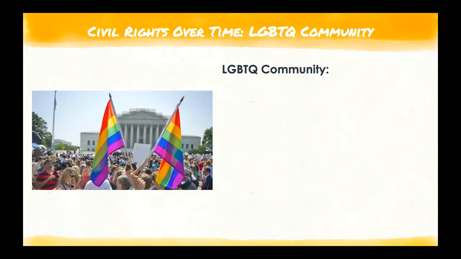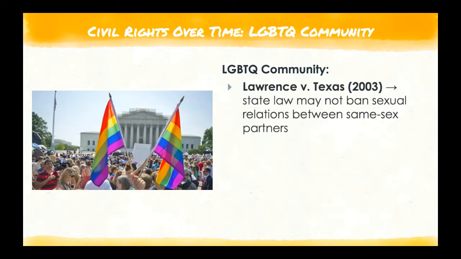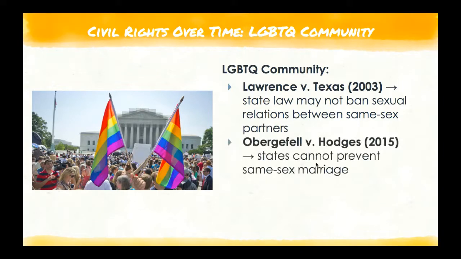So spouses could not receive benefits in case their partner died, for example, which is something that is given to heterosexual couples. So what we see are a couple of key court cases that expand these civil rights to same-sex couples. The very first in 2003 was Lawrence v. Texas, and this basically said that state laws may not ban sexual relations between same-sex partners. So it's going to decriminalize homosexual behavior. And then the most important and the most recent that we will talk about is Obergefell v. Hodges.